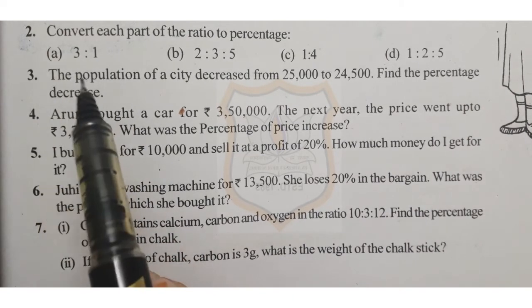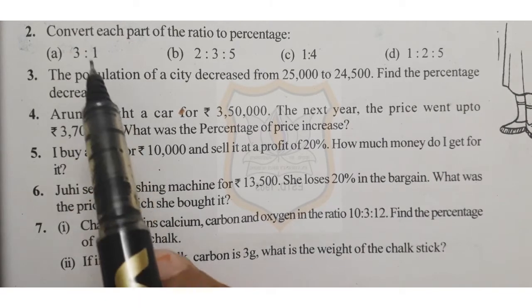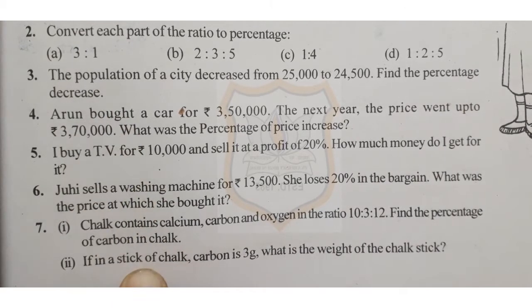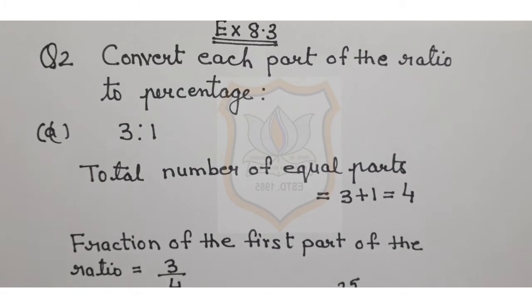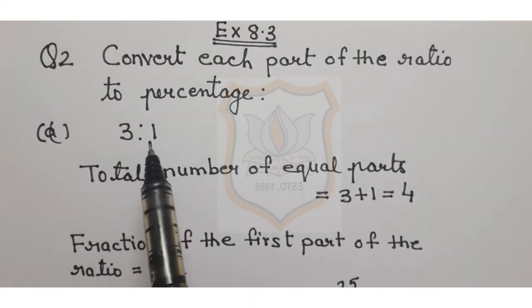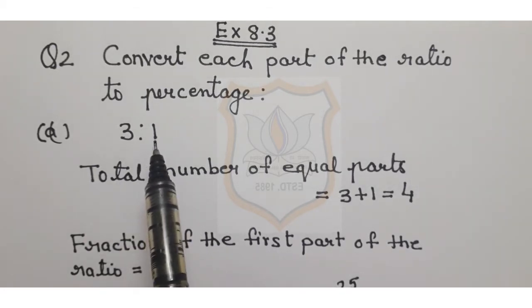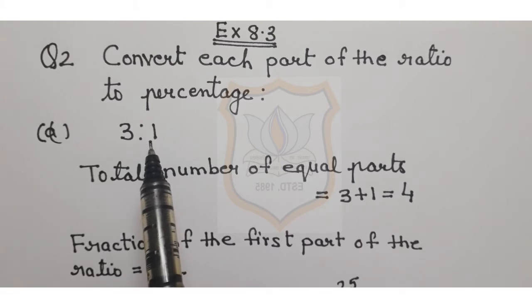Now I will explain the method to convert a ratio into percentage. First, we have to add the two parts of the ratio given in the question.